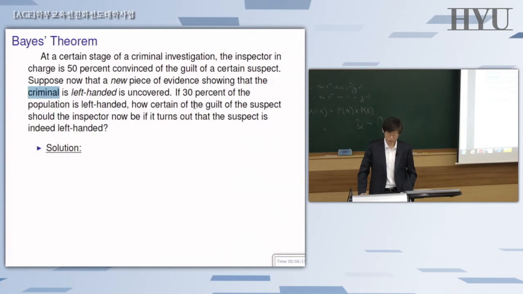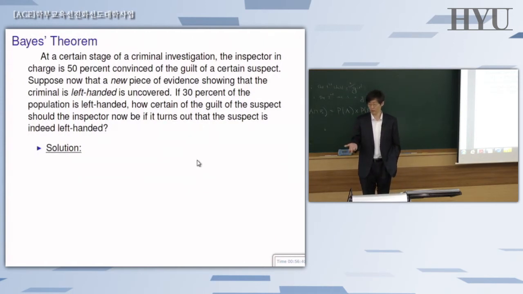Further, more information is given: 30% of the entire population is left-handed in this society. And now the real question is how certain of this suspect's guilt the inspector should be now, with this newly given piece of information.